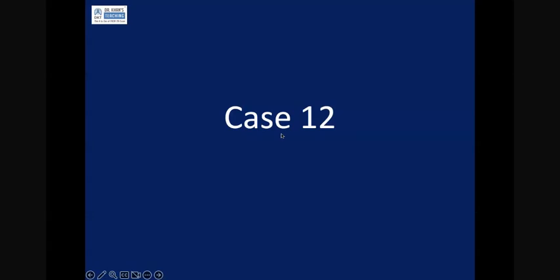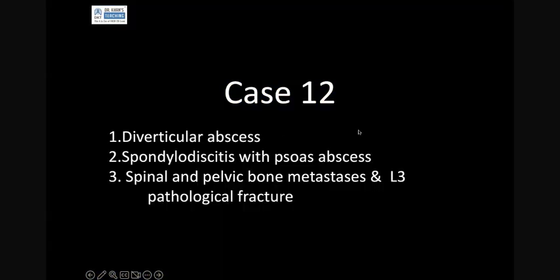So this is a classical case of satisfaction of search. You picked up diverticular abscess. There was spondylodiscitis with psoas abscess. And there was spinal and pelvic bone metastasis with L3 pathological fracture.